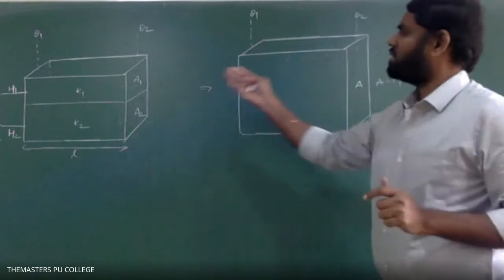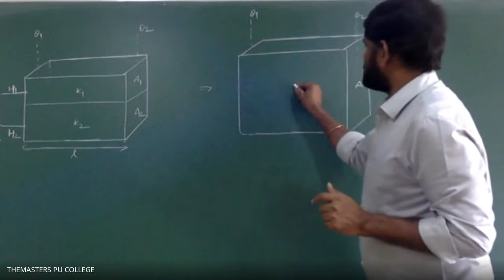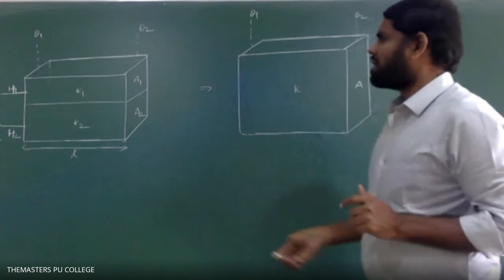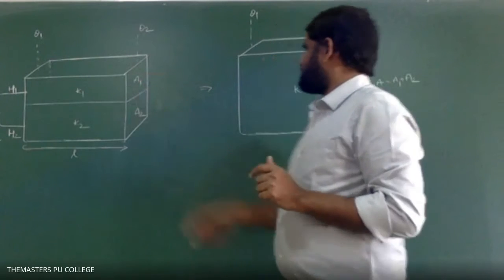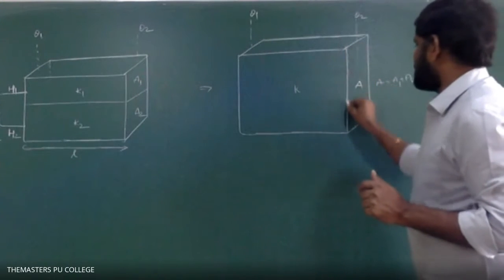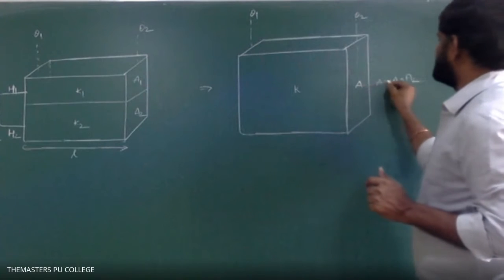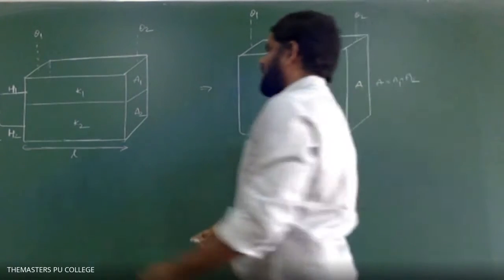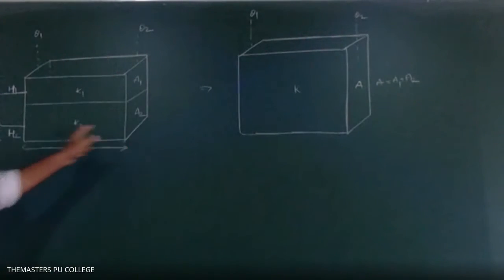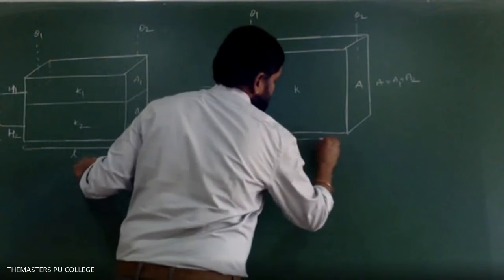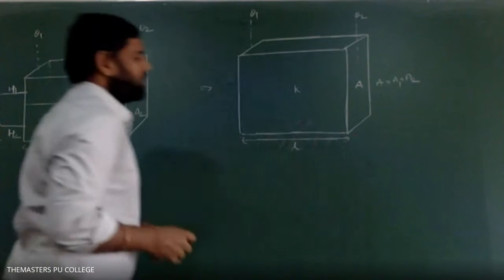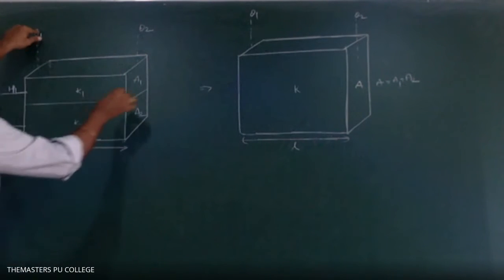Means a single conductor can do the same thing, whose coefficient of thermal conductivity is K. The effective area to which the heat is flowing is A1 plus A2, so the equivalent area is A equals A1 plus A2. And the effective length through which the heat flows is L, so here also we have taken an equivalent combination of length L. Then, what is the thermal resistance of the first one?